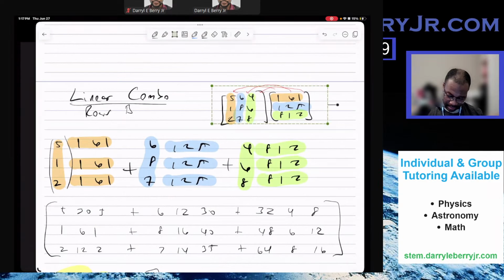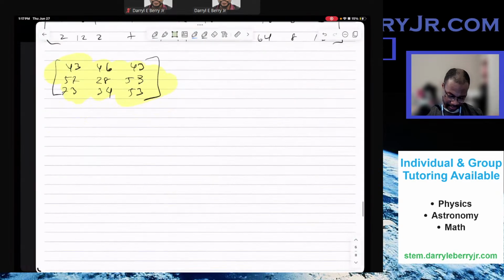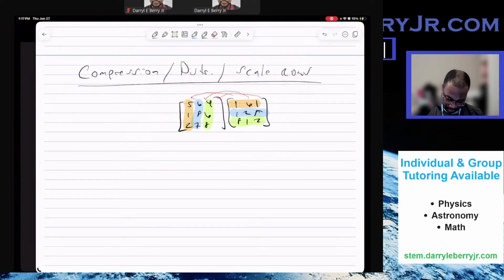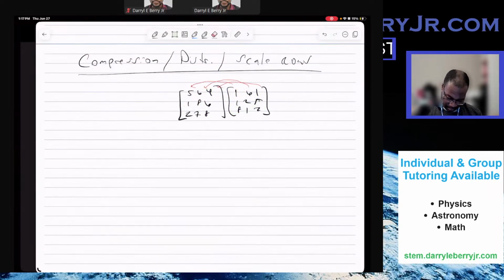And this time let me delete my coloration. So I want to take this row and I'm going to scale it with this row.